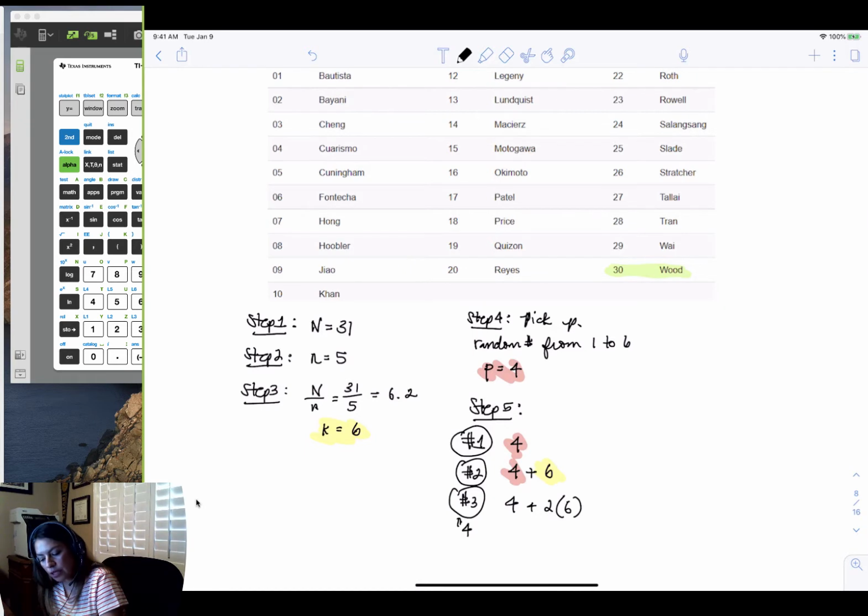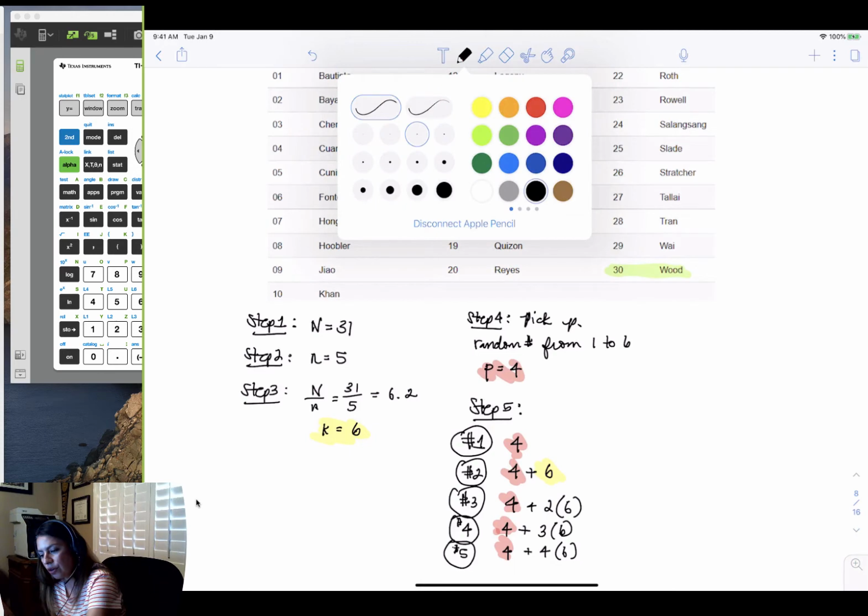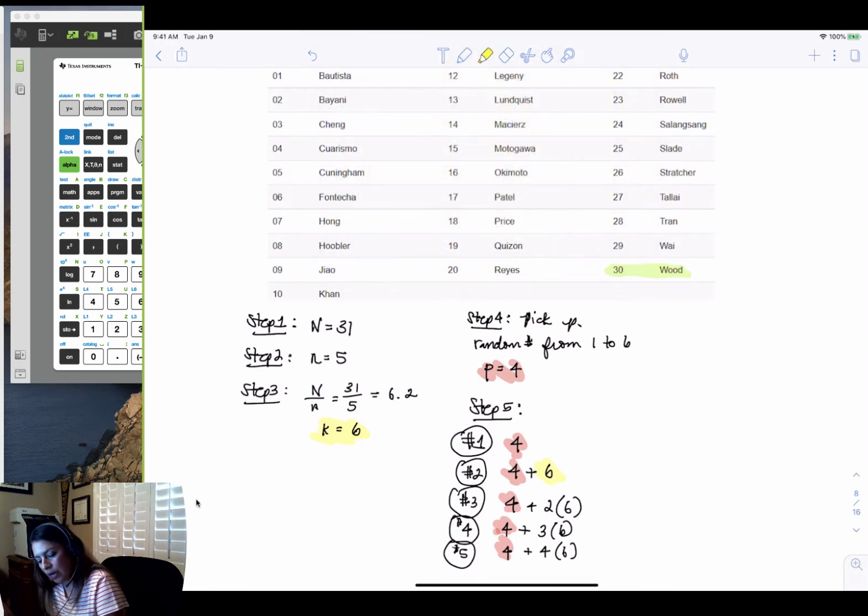The fourth person would be 4 plus 3 times 6. And the fifth person would be 4 plus 4 times 6. Once again, the 4 is the p, and we keep k the same.